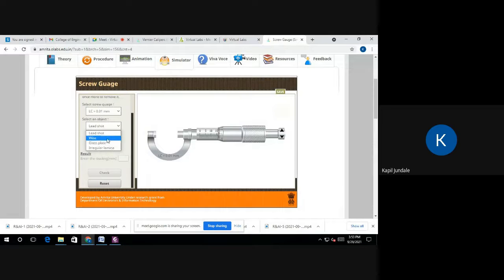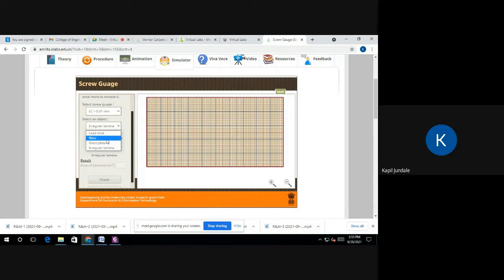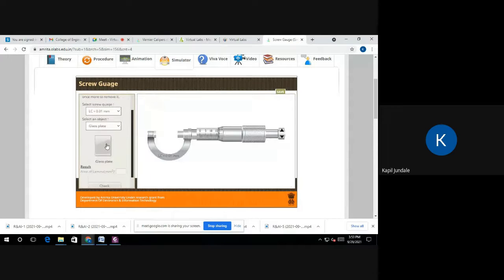They have given lead shot, wire, glass plate and irregular lamina. We can check any one. Glass plate, you can select it, and it will come here in front of the anvil. Now you can move this ratchet. Now we have to touch that glass plate.